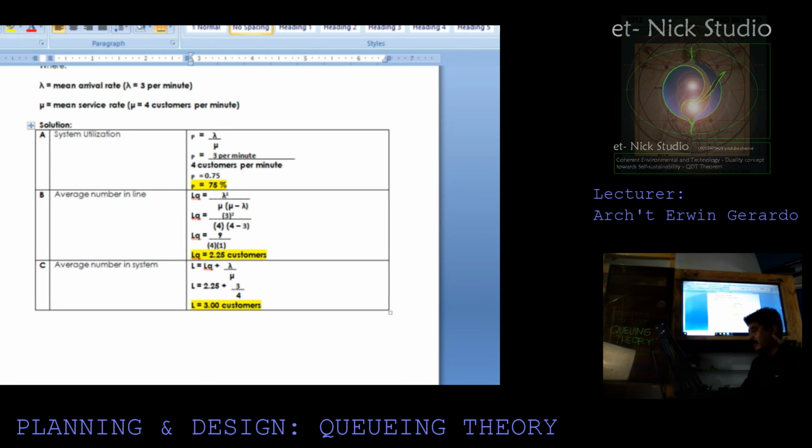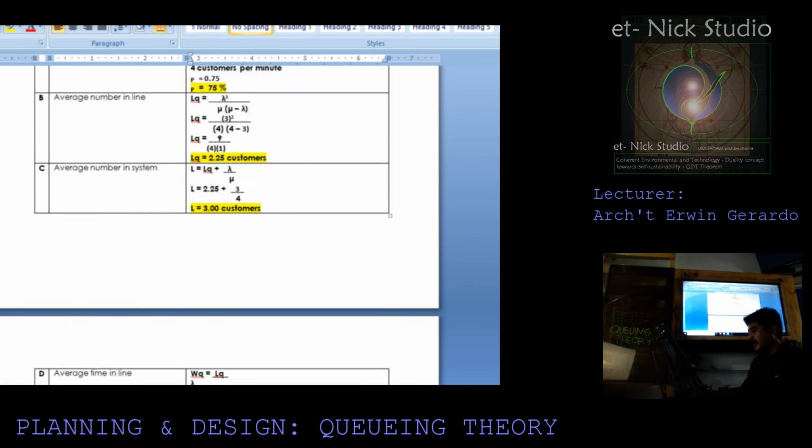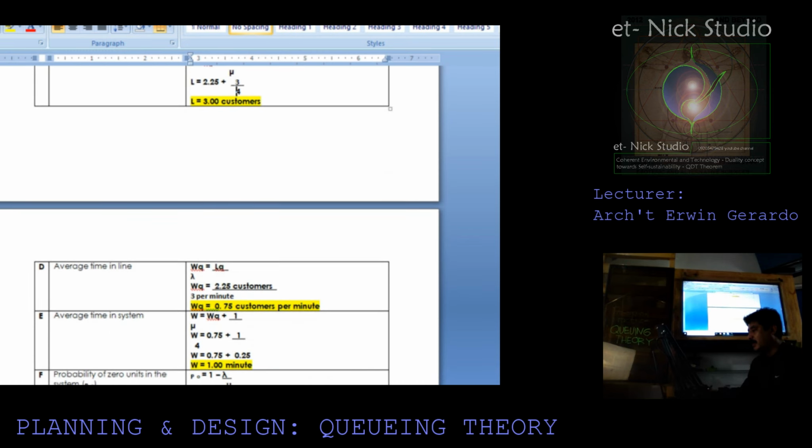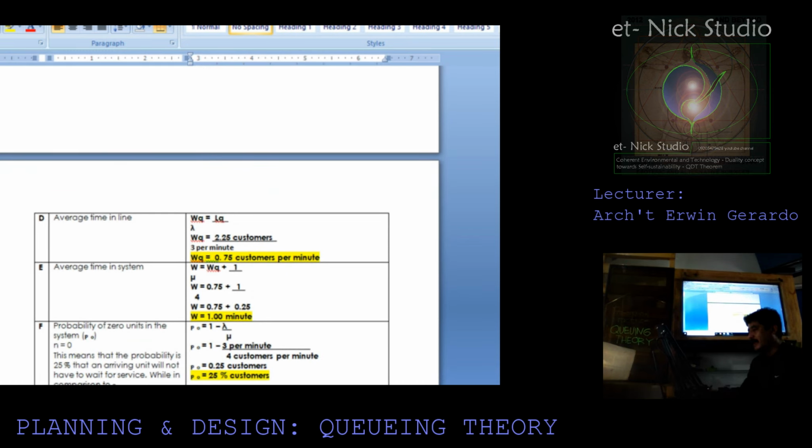So therefore, the average number in the system, L, is equivalent to 3 customers. So there are 3 customers in the system waiting for their service, 3 customers on average.